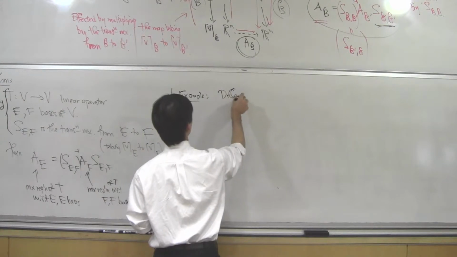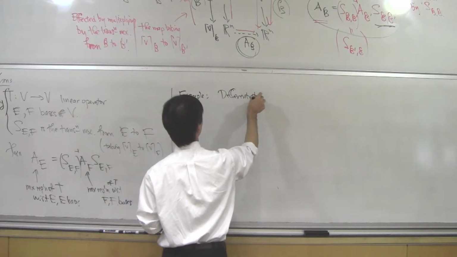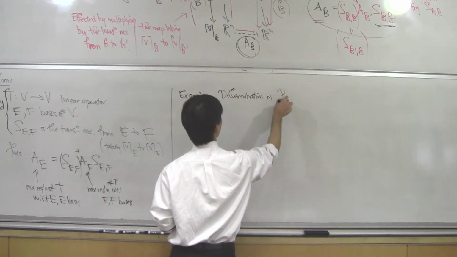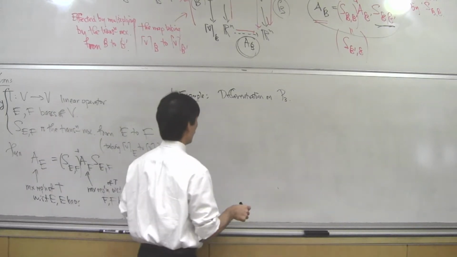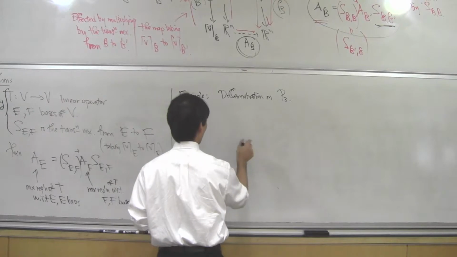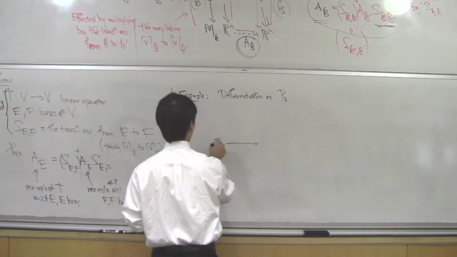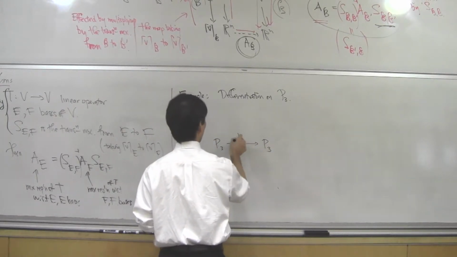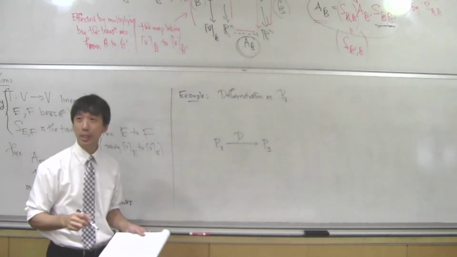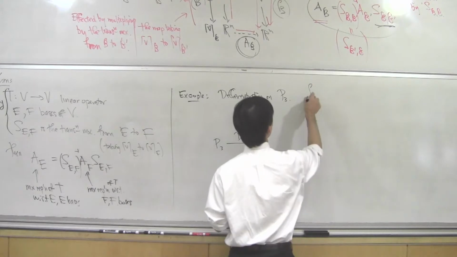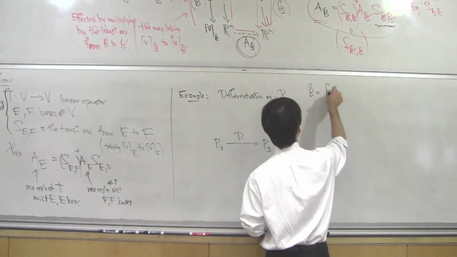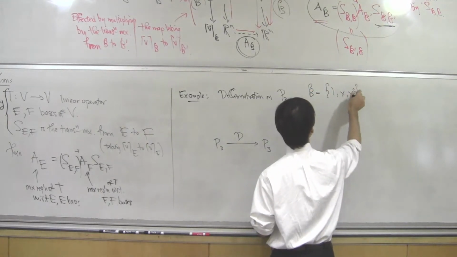Differentiation on P3. Okay. So we've got P3, we've got the derivative going between them. And just as we had before, let B denote 1, x, x squared.